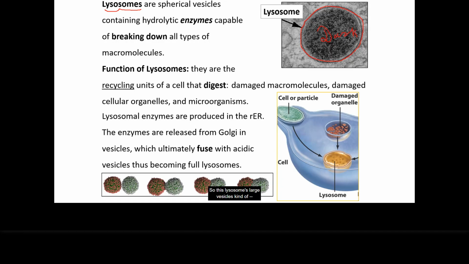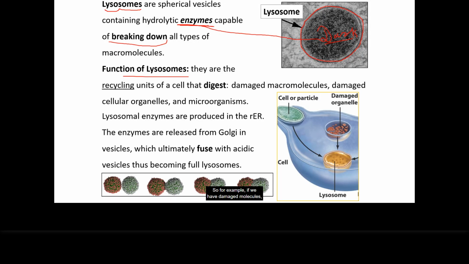So these lysosomes, large vesicles kind of, are dark because they contain specialized enzymes inside. They always have these enzymes, and the function of the lysosomes is to break down different types of macromolecules to reuse them. So the function of these lysosomes is to recycle different parts of the cell.